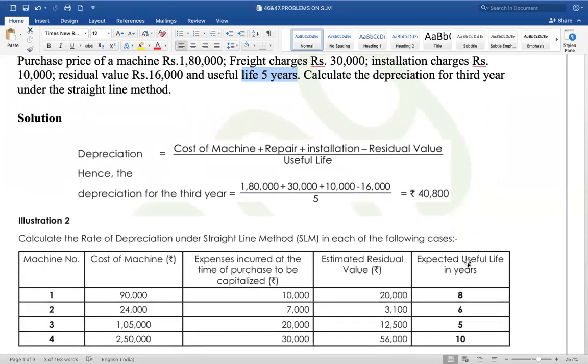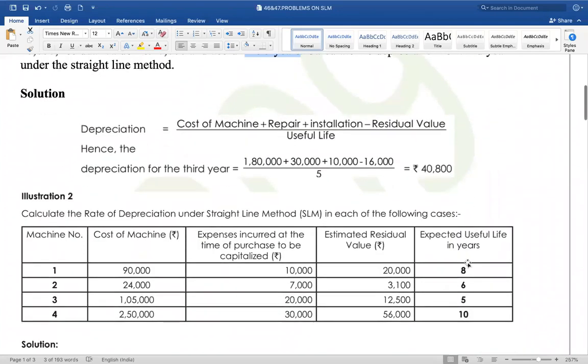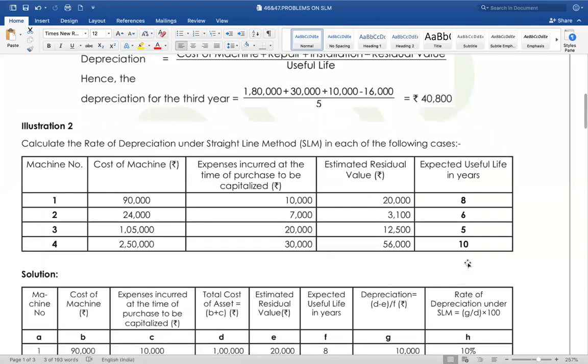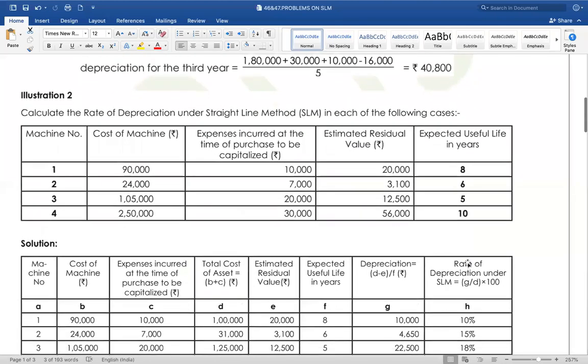Now let's look at the second problem. Calculate the rate of depreciation under the straight line method in each of the following cases. There are 4 machines. The cost of the first machine is 90,000 and its incidental expenses are 10,000 and its estimated scrap value, the residual value, is 20,000.